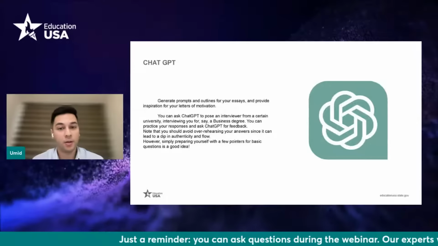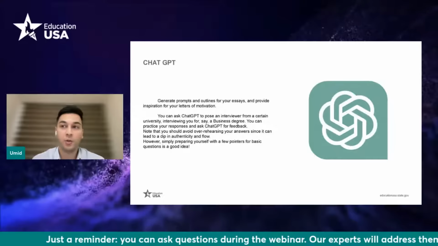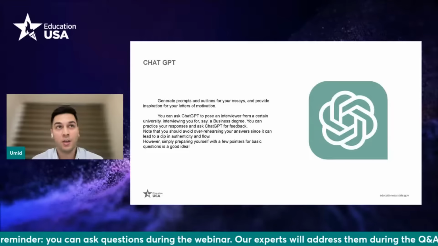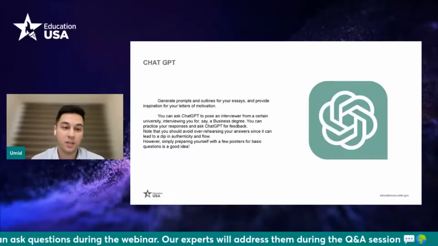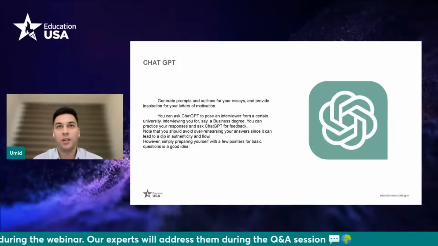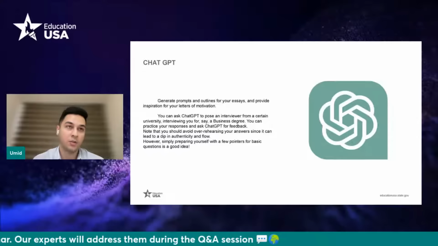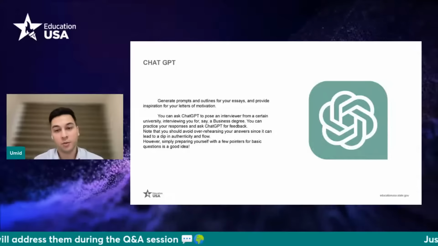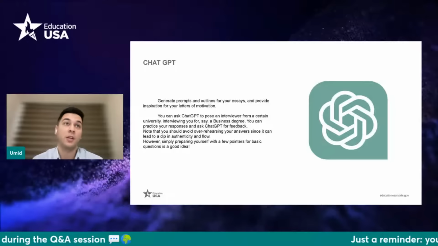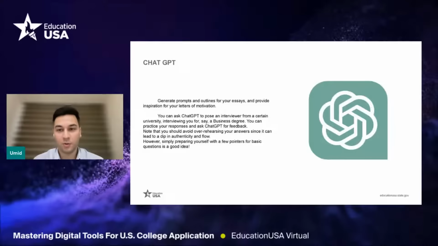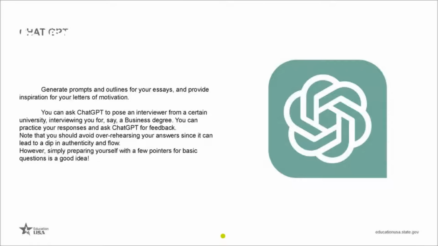So let's stay on ChatGPT a little more. If you think that you can use ChatGPT to write your whole personal statement or write answers to your questions, you are completely wrong. If you think that you are the only person who is using ChatGPT, you're wrong again.